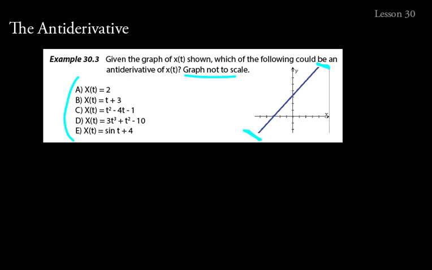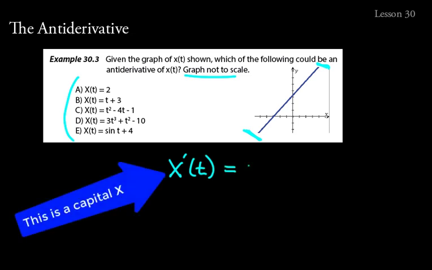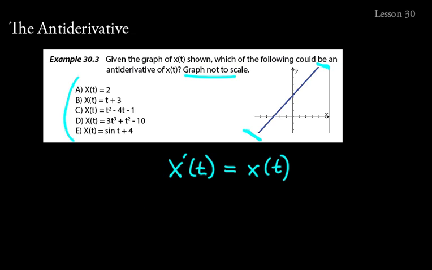So what have we been saying? That antiderivative, if we know that, which we have 5 choices here, x prime of t equals x of t. It's linear, so it must be something times t at a minimum, slope times t.